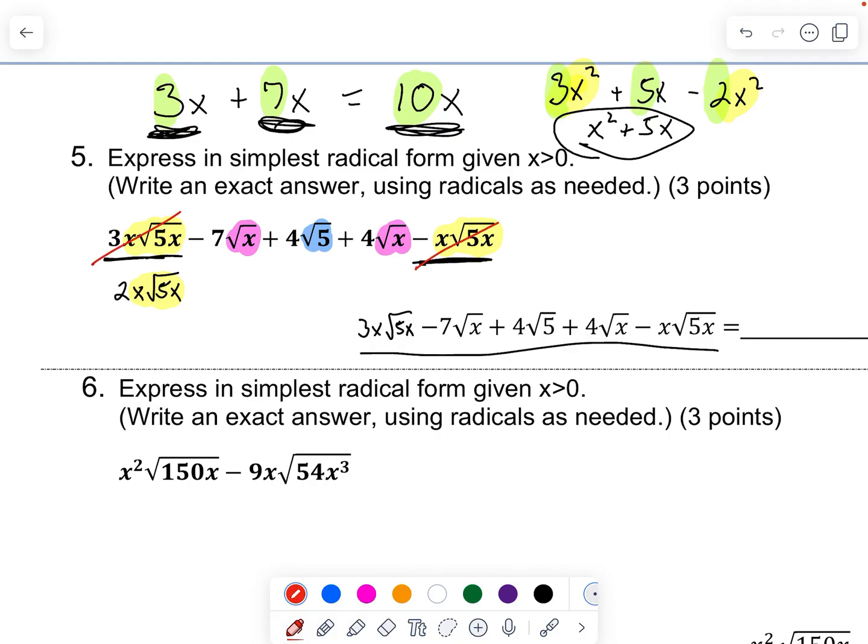And then let's see, I can combine the square roots of x's. So I have negative 7 of those square roots of x's, and I'm adding 4 of the square roots of x's, all right, to give me a total of negative 3 of those square root of x's, right here.